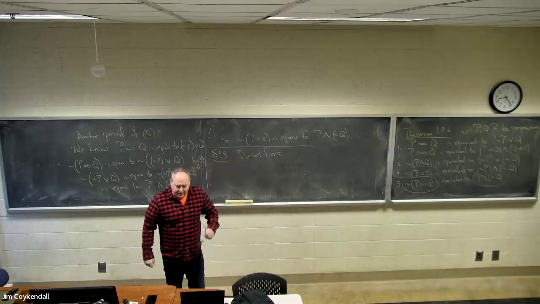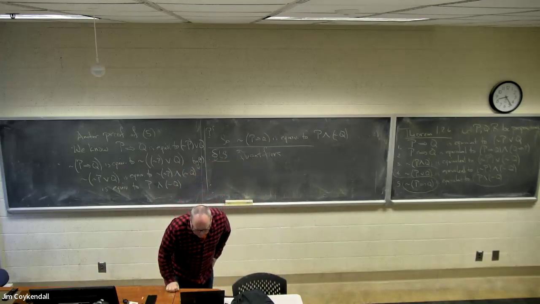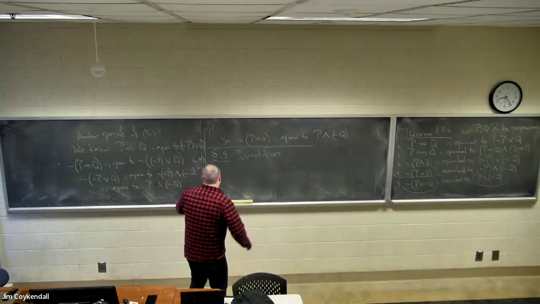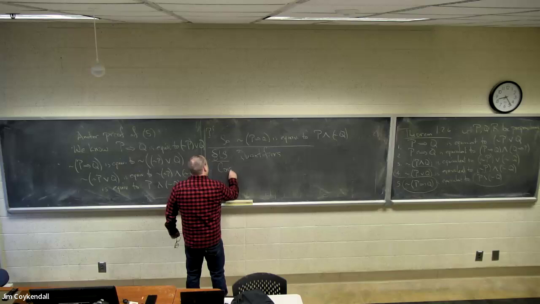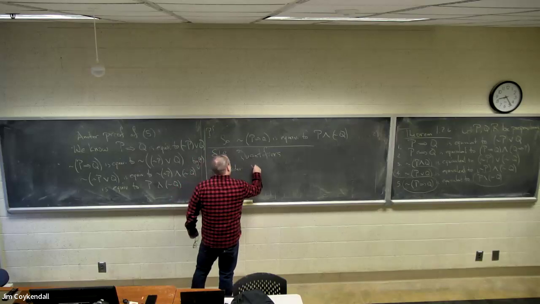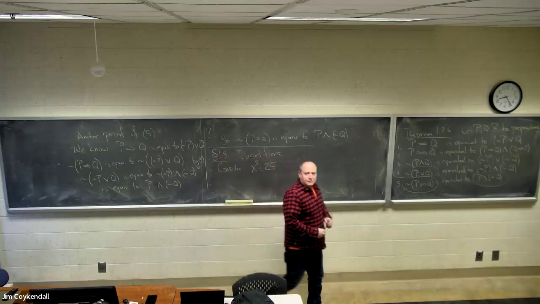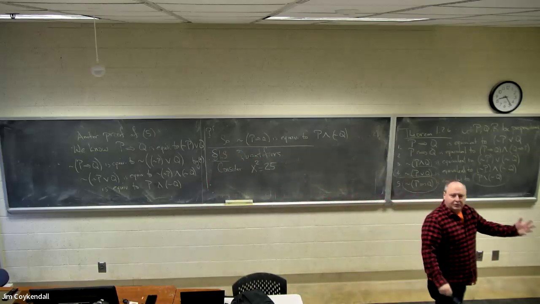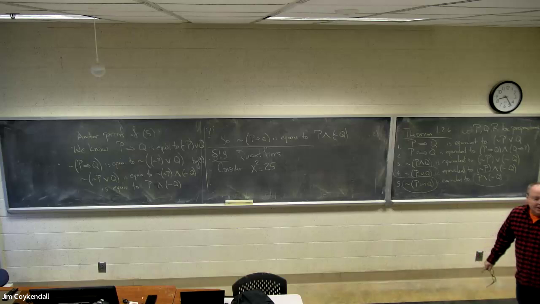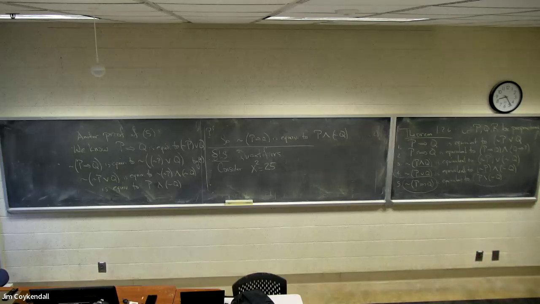Let me give you a sentence that all of you have dealt with at some point. Right, this takes me back to my high school days in algebra, first solving quadratics, right? x squared equals 25.